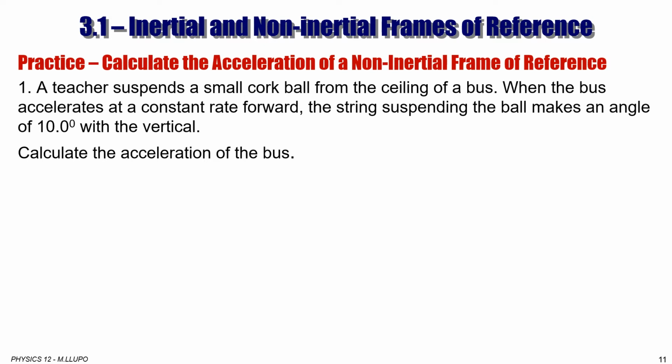The string suspending the ball makes an angle of 10 degrees with the vertical. So the string suspending the ball means the ball is not moving relative to the bus. It is bent at 10 degrees with the vertical, but is stationary. Calculate the acceleration of the bus.